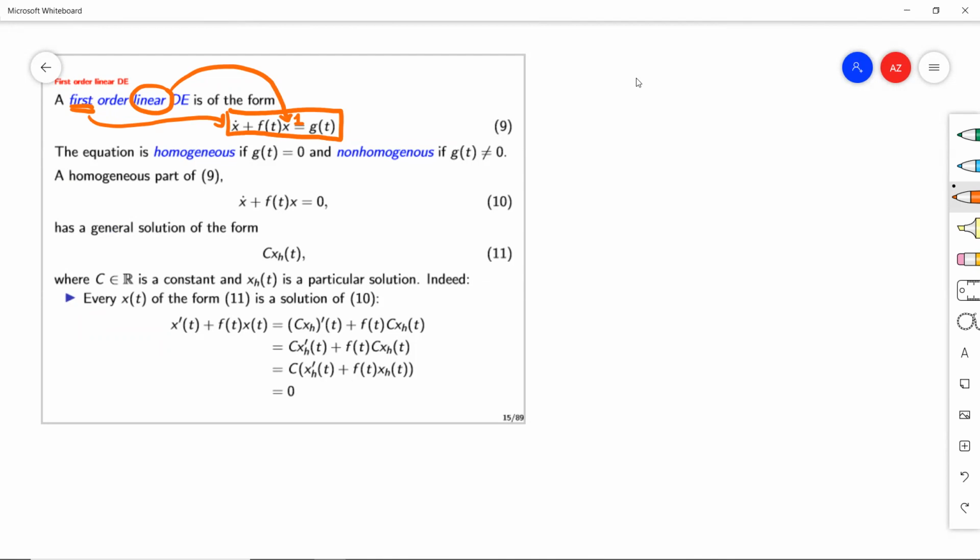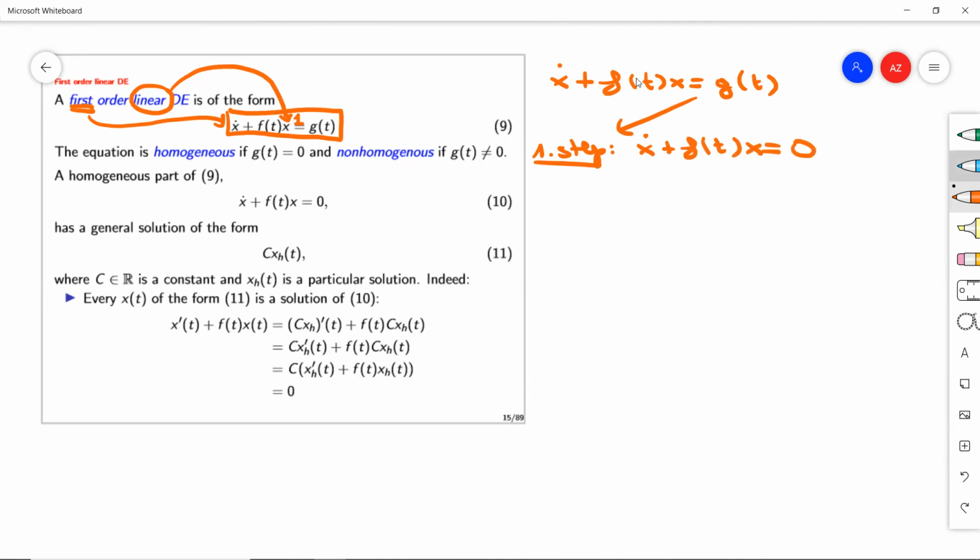And if you recall, solving linear DEs consists of 3 steps. We have this first order DE. The first step is to solve the homogeneous part. We put the right-hand side to 0. We have x prime plus f(t) x equal to 0. So we put this g to 0, and this is called the homogeneous DE.